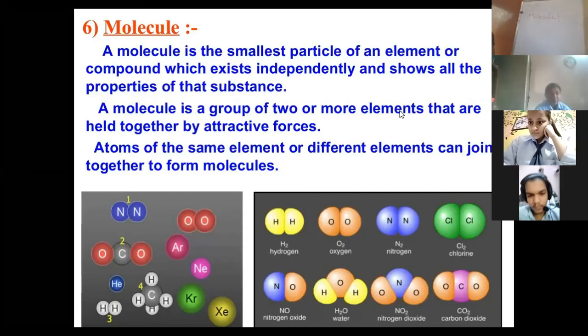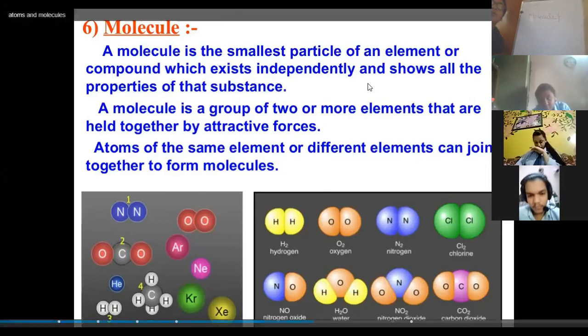There are polyatomic molecules, where more than four atoms combine to form a molecule. The number of atoms present in one molecule is called its atomicity.